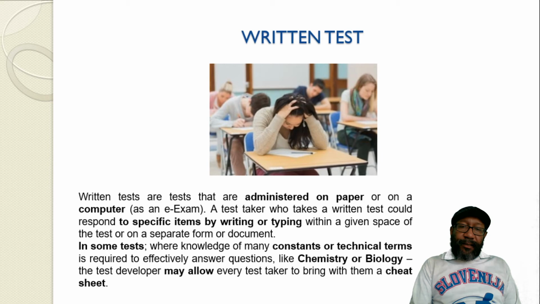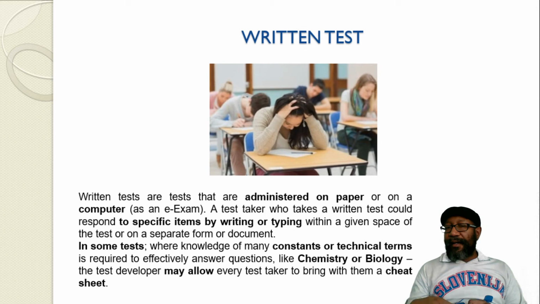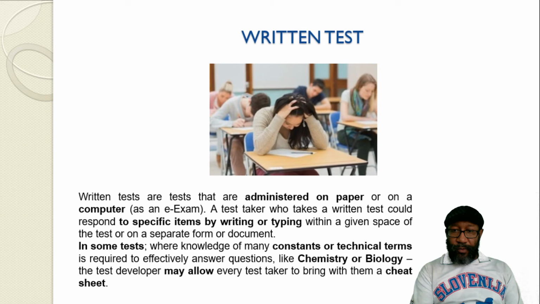A cheat sheet is a piece of paper where you have some formulas, some questions, some accountings, some concepts to help you do your test. Because when the developer gives you permission to access this cheat sheet, it means they will make a more critical question. It's not just right or wrong, but right or wrong and why.